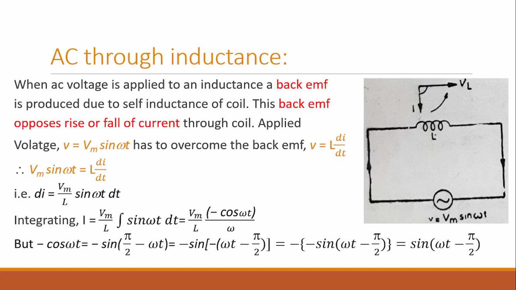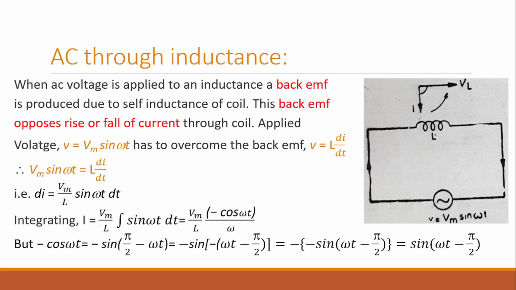In this way we have minus cos omega t, and minus cos omega t is simply equal to sin omega t minus pi by 2. So it is explained in the last line that minus cos omega t is equal to sin omega t minus pi by 2.